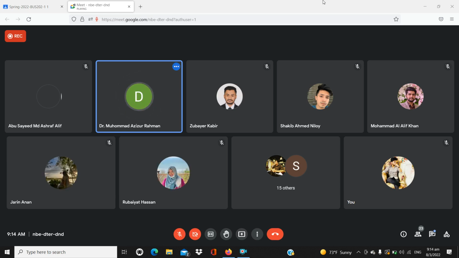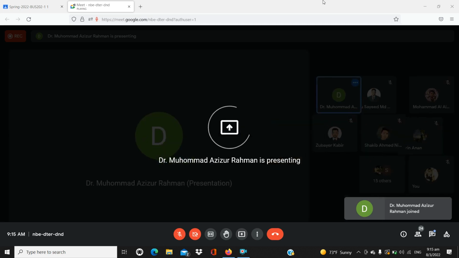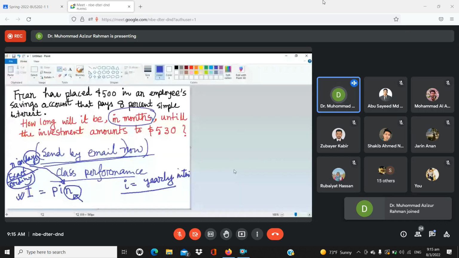So this is called simple interest rate, yearly. So next we will do the compound interest rate.